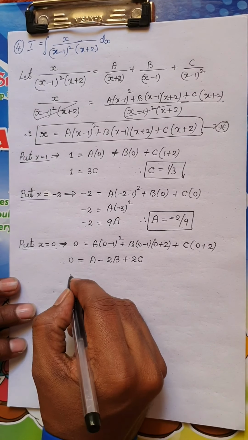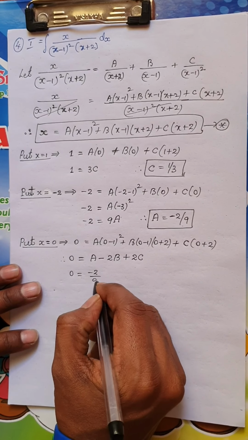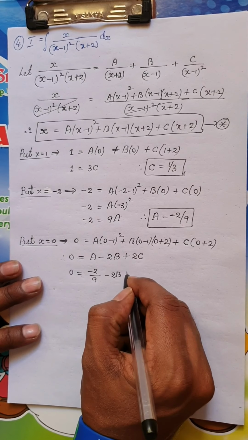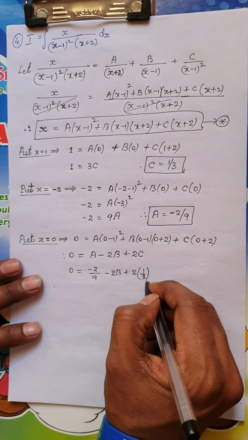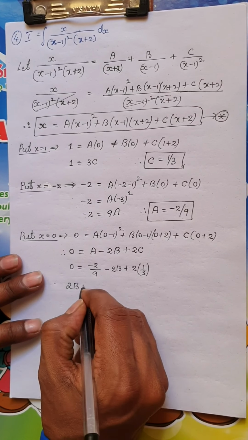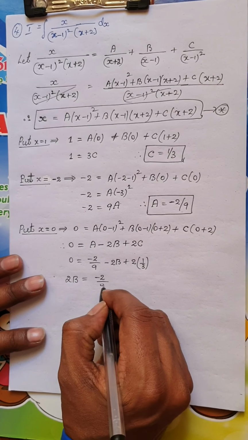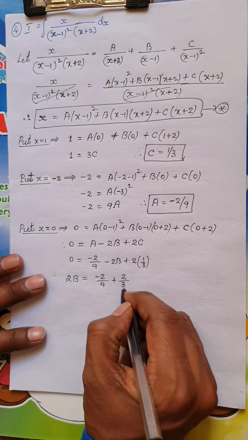So 0 is equal to a, whose value I know is minus 2 by 9, let me keep this 2b as it is, plus 2 times c, which is 1 by 3. If I bring this 2b to the left hand side, I will have 2b is equal to minus 2 by 9 plus 2 into 1 by 3, which is 2 by 3.